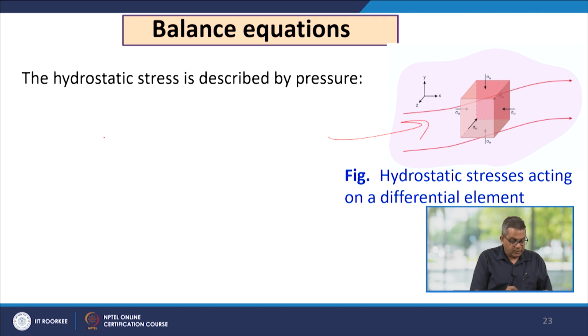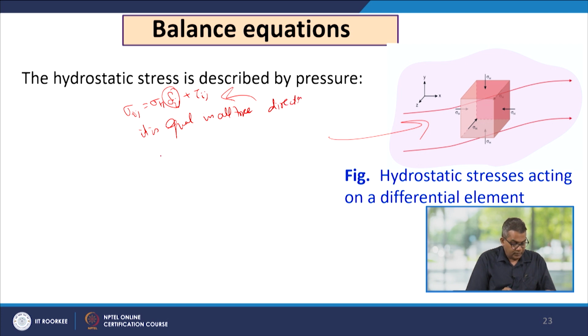So, we can write sigma ij is equal to sigma h delta ij plus tau ij, where delta ij is the Kronecker delta. As this equation reveals, the hydrostatic stress can only act in the normal direction of a surface, and it is equal in all three directions.